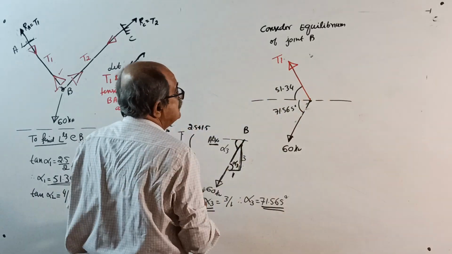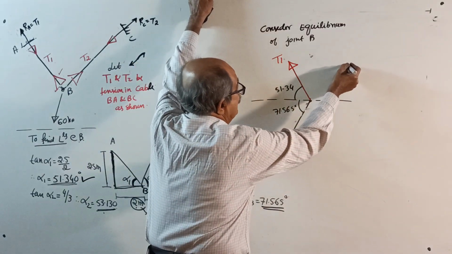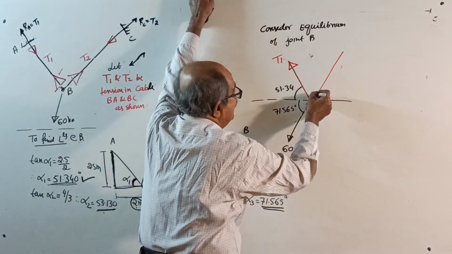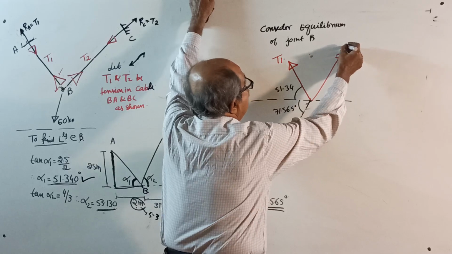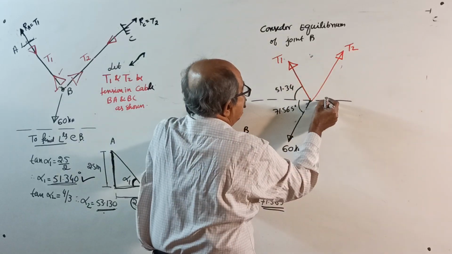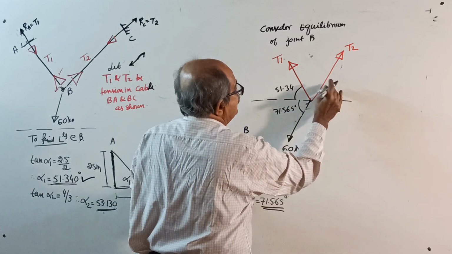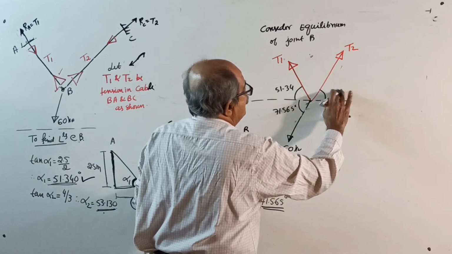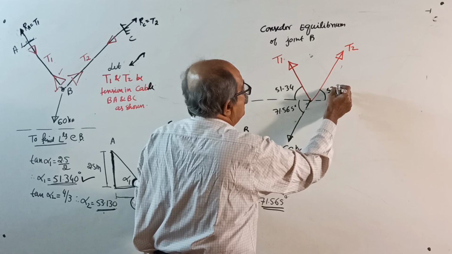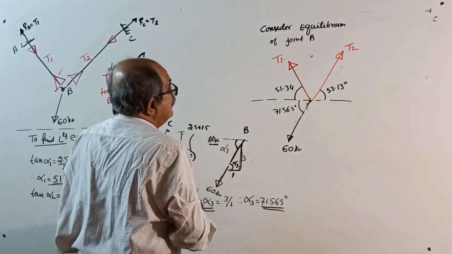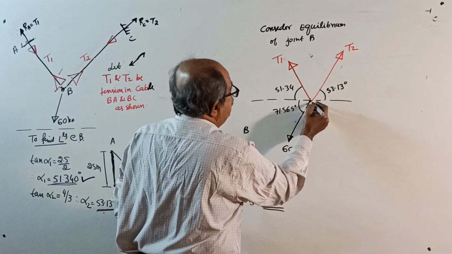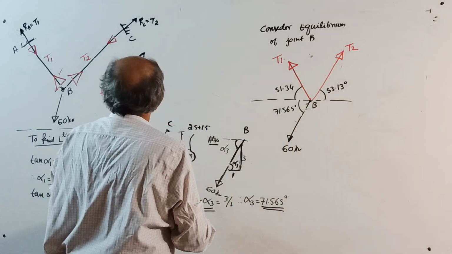Zero not required. One more force, T2, this way. For this, the horizontal angle is 53.13 degrees. Now, this is the joint B over.